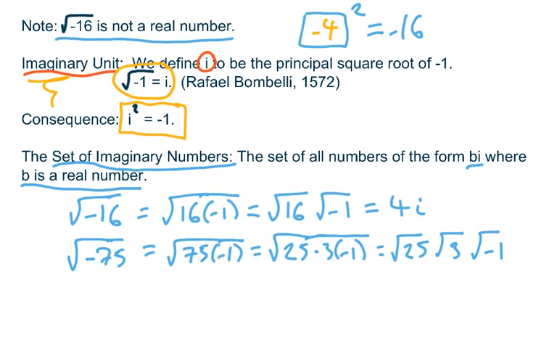The principal square root of 25 is 5, and 5 times the principal square root of 3 is a real number, and it's multiplied by an i here, so this would be an imaginary number as well.